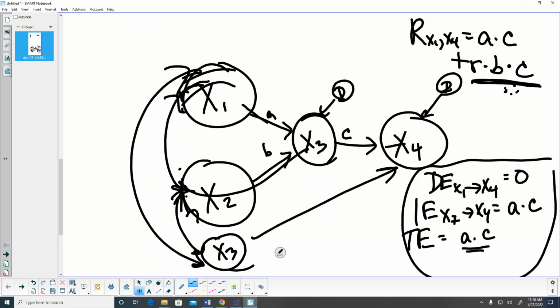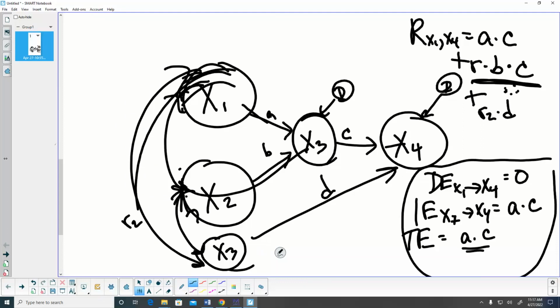I could go x1 to x3, we'll call this R2, and this will be D. Then R2 times D would get added in here, but I wouldn't do, let's say, R1 times R3 times D. That's what it means by not more than one curved arrow.